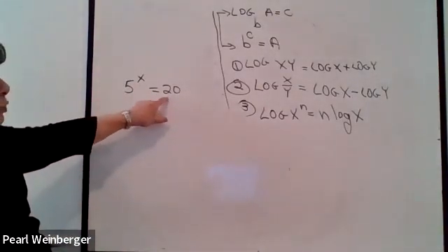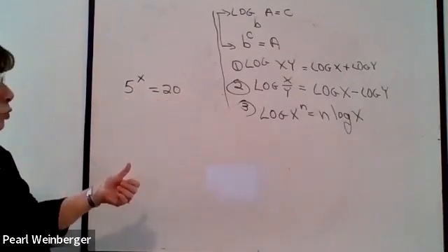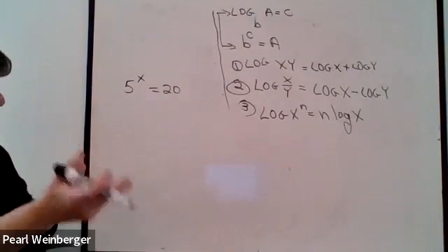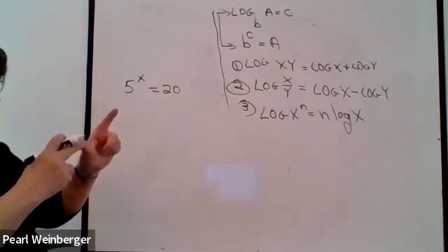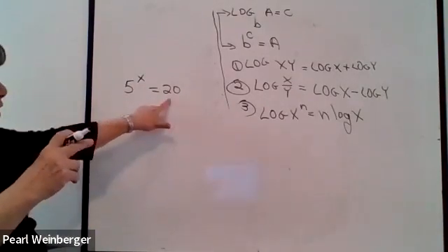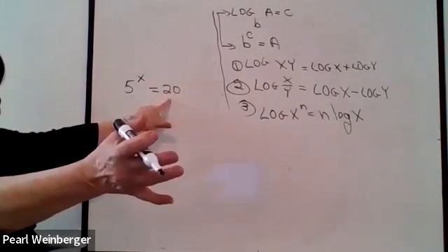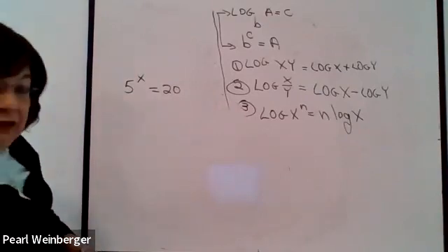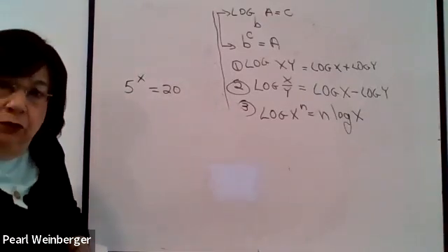But when I go to the 20 and I try to put 20 in base 5, it doesn't work because 5 to the 1 is 5, but 5 squared, 5 times 5, is already 25. We went right past the 20. So it's not possible. And in most cases, that's what happens in exponential equations.